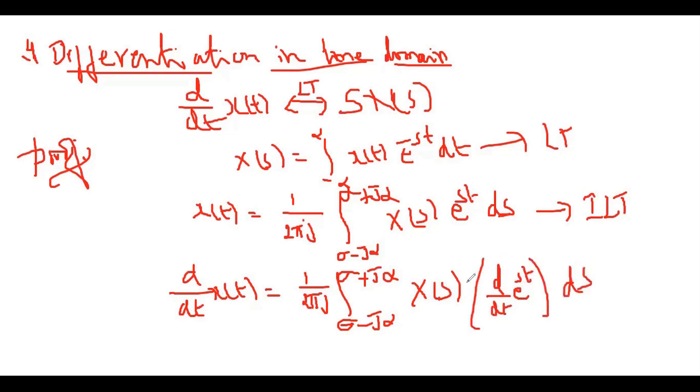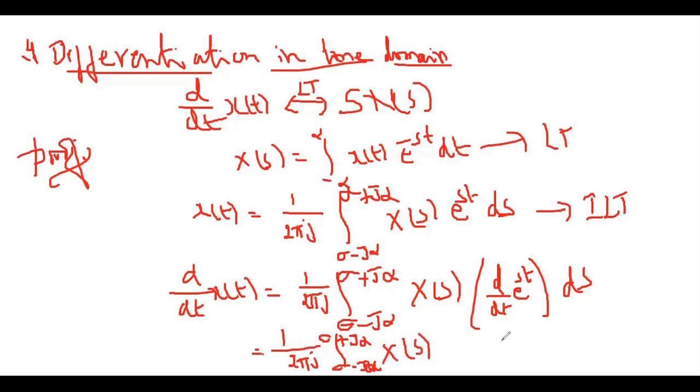Now I can apply the derivative for this function only. Remaining all the terms are constants: 1 by 2 pi j, integral from sigma minus j infinity to sigma plus j infinity, X of s.